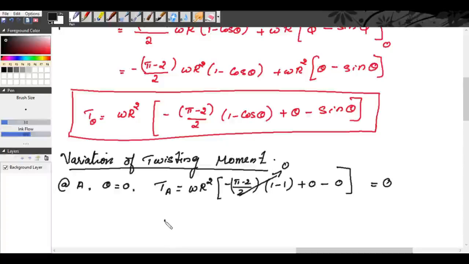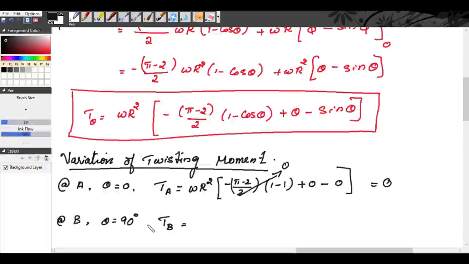Twisting moment at B will be equal to, that is at B theta is equal to 90 degree.